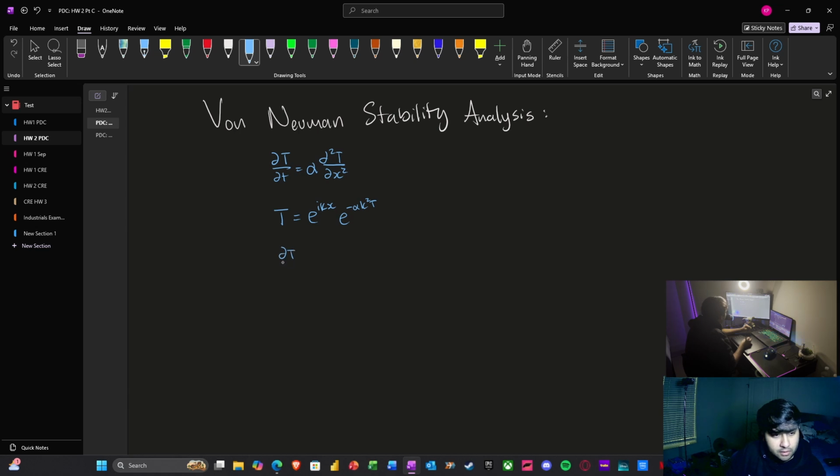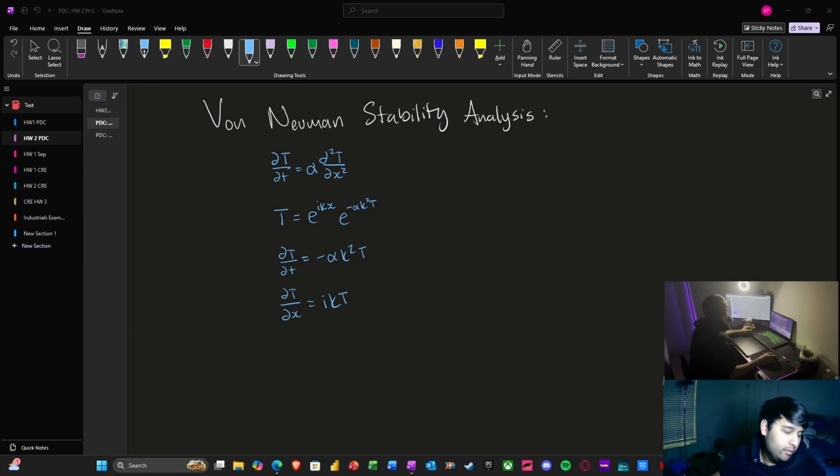So the first one is the change in temperature with respect to time, which is just basically this right here. So negative alpha times k squared is temperature. And then we're going to have change in temperature based off of location, which is just ik times T.